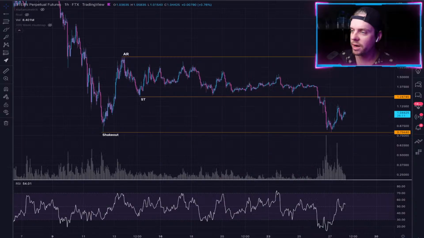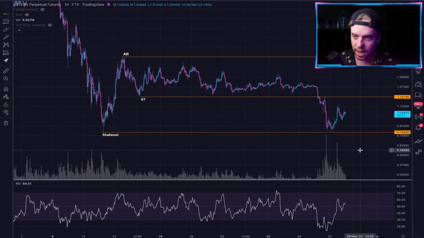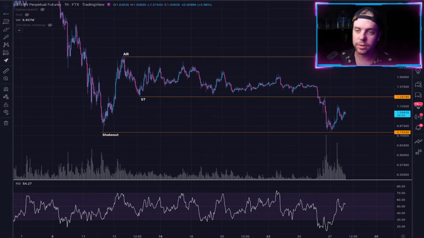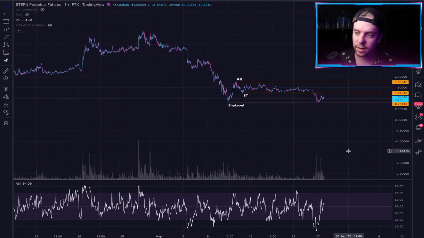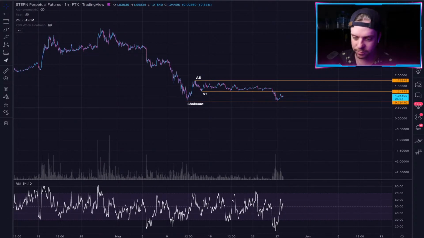That's going to start to break the structures of the shitcoins. If Bitcoin begins to break its structure here, Stepn is going to break out of this structure and really begin to accelerate. I would be looking at, well, let's take a look. Let's do a measured move. Measured move on Stepn.